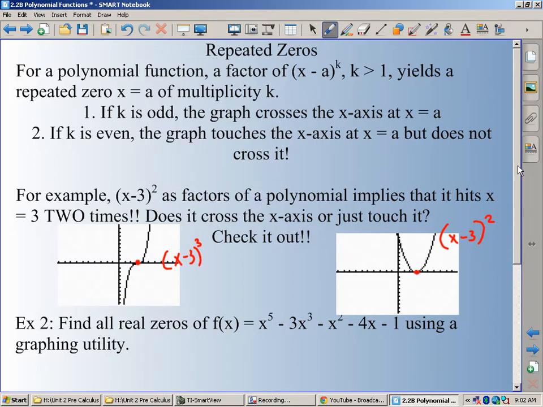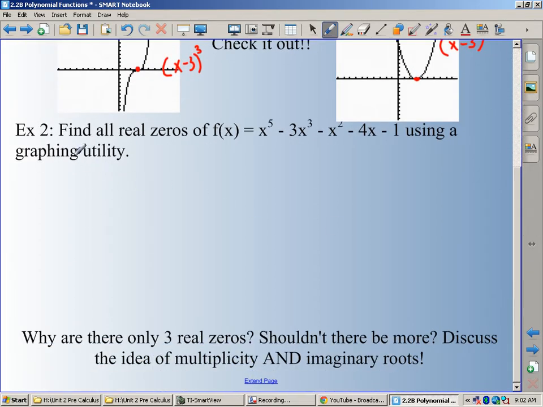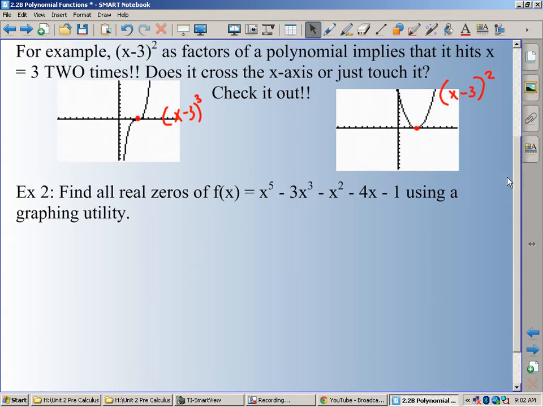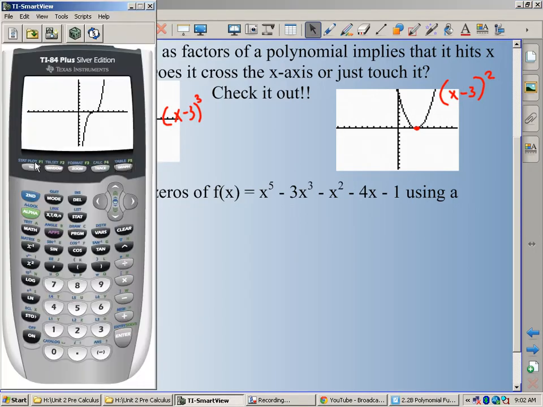So then we're going to talk about finding all the real zeros of this function down here. We're basically trying to figure out where it's crossing the x-axis, so I'm going to get my calculator out and graph it. Got to get rid of this one first. When I graph this one, even though it's supposed to cross the x-axis 5 times, it looks like it's only crossing it 3 times.